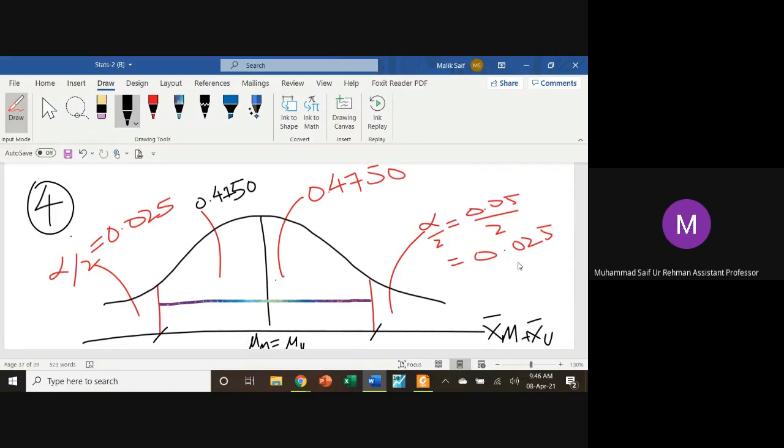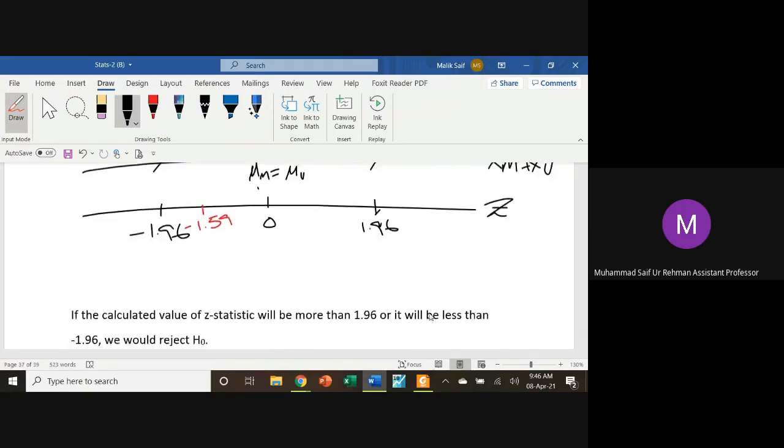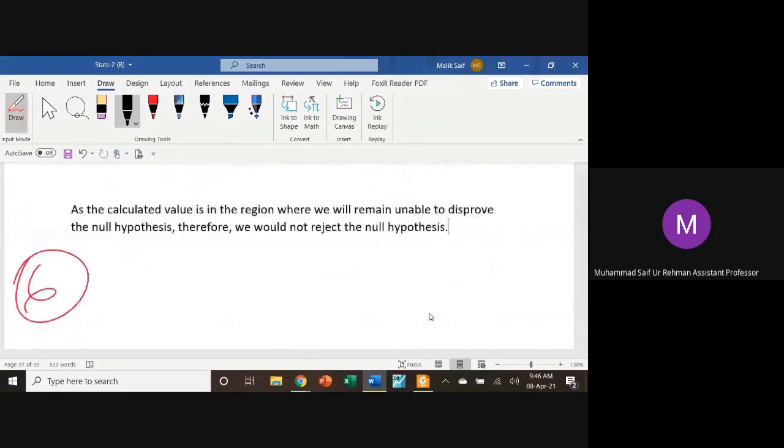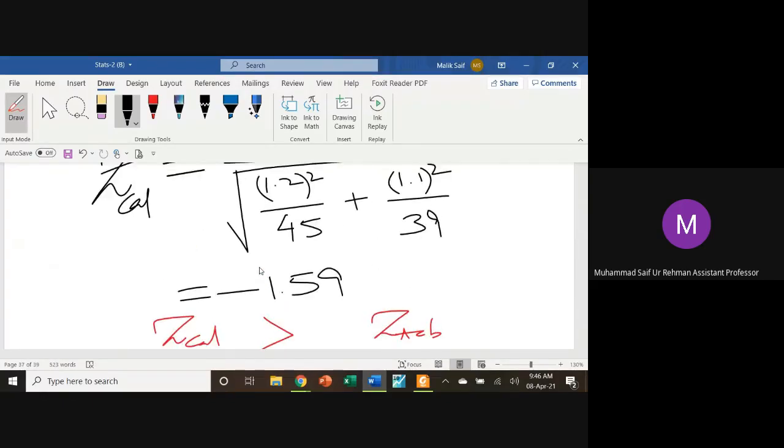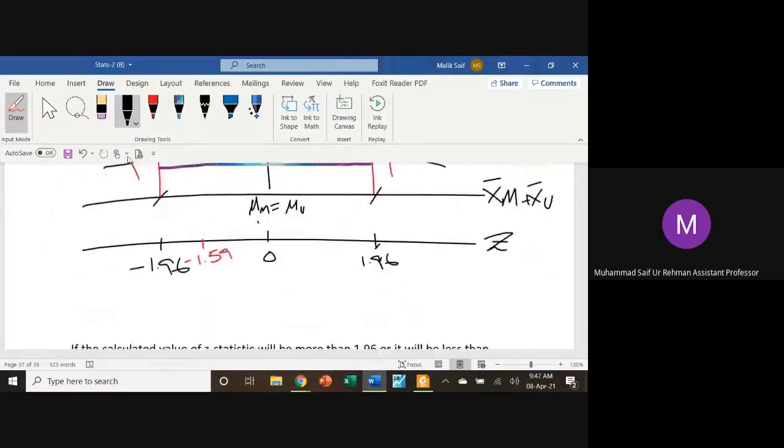So let us consider the probability value using one side, and then we will use two sides. Okay. So what will be the probability if you consider one tail? For that, you will consider the calculated value, that is minus 1.59. So minus 1.59 will be to this side.